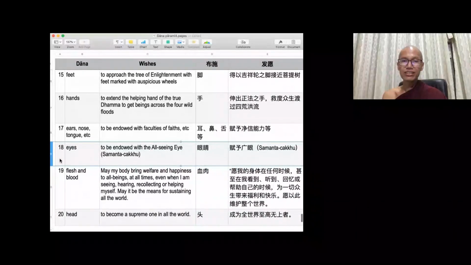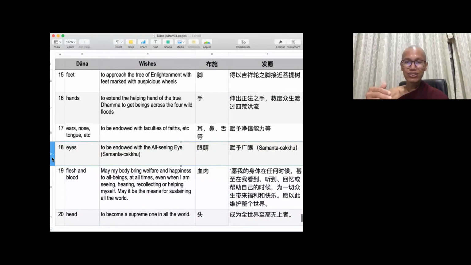Because results normally go by what you donate. If you offer eye, you will see something clearly. Without knowledge, you cannot see. With knowledge, you can see.